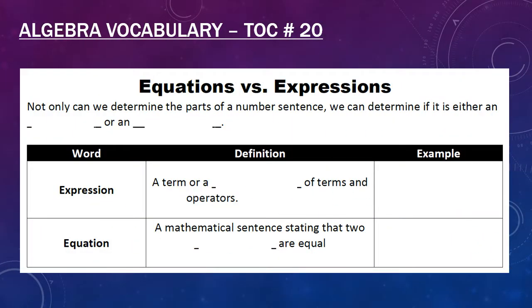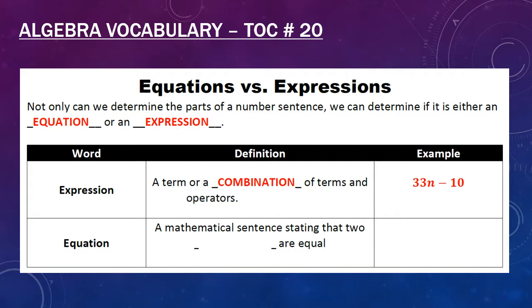The last little bit we have to cover is knowing the difference between an equation versus an expression. And we can determine the difference by a few key parts. An expression is a term or combination of terms and operators. And the big thing with an expression, and this is an example, is 33n minus 10.